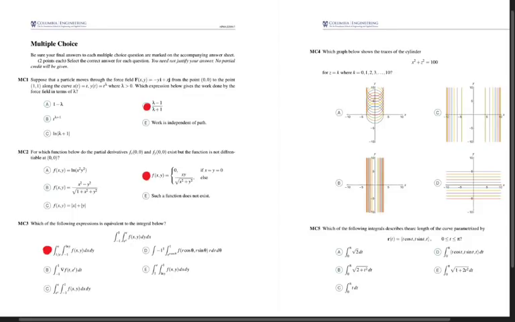For MC4, we got some nice graphs here. We're looking for z traces specifically of this surface, x squared plus z squared equals 100. Notice it's independent of y, so we're going to get a surface that looks the same for each y slice. A quick examination shows that's just a circle in the xz plane, radius 10, so it's unnecessary, but we could even sketch a quick surface of it.